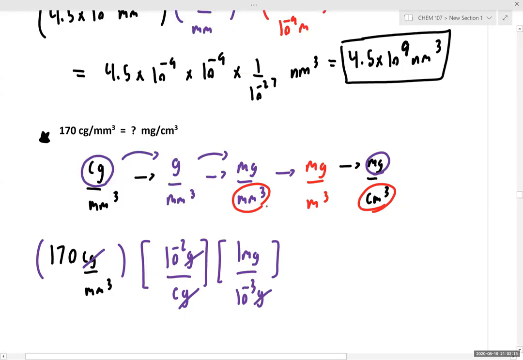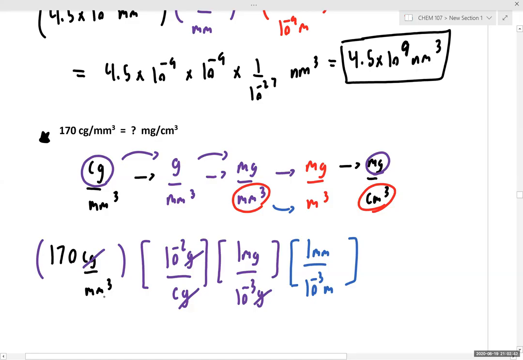Now, if we want to go from 1 over millimeter cubed to 1 over meter cubed, what unit needs to be on the bottom? Meters cubed, exactly right. And we know in 1 millimeter, we have 10 to the negative third meter.